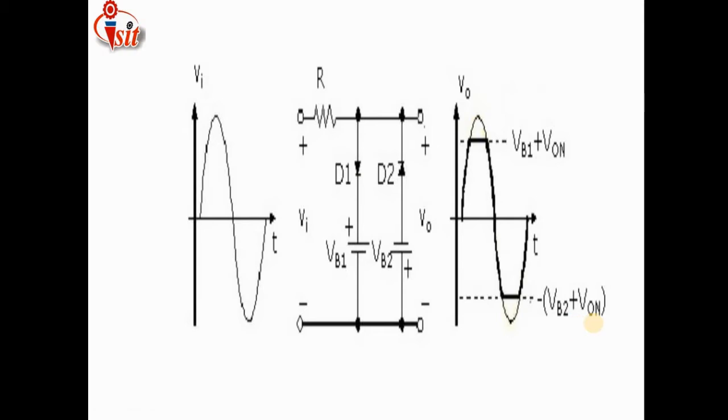Just see here, the positive as well as negative parts of the signal are clipped, and the output generated is simply the input signal clipped, with positive clipping as well as negative clipping above and below the reference level. For the silicon diode that reference level is considered to be 0.7 volt. It is not considered 0 for the silicon diode.